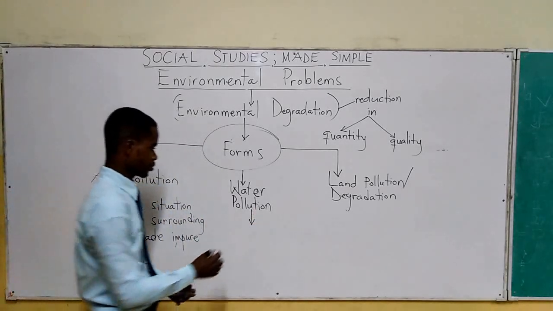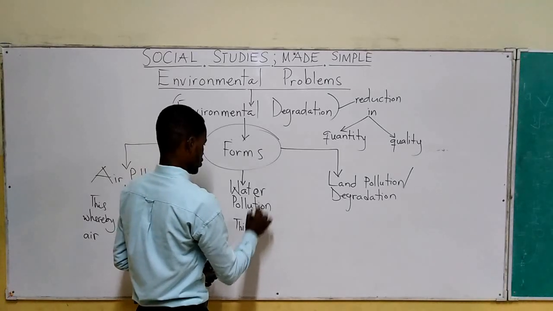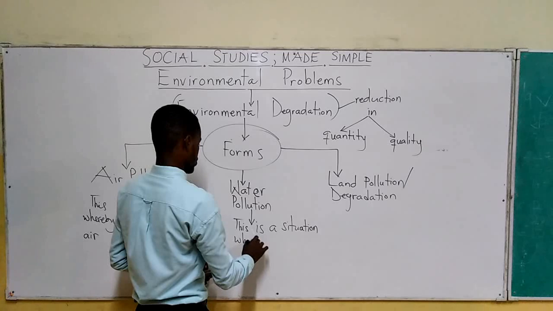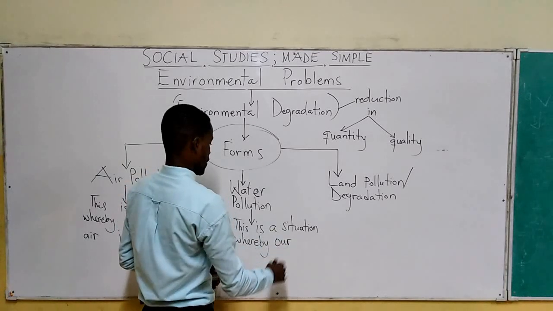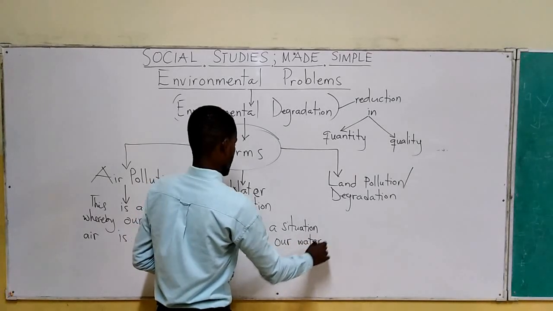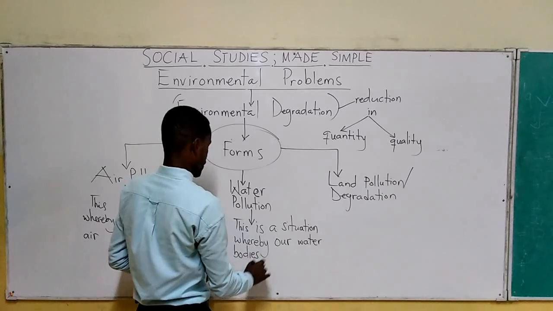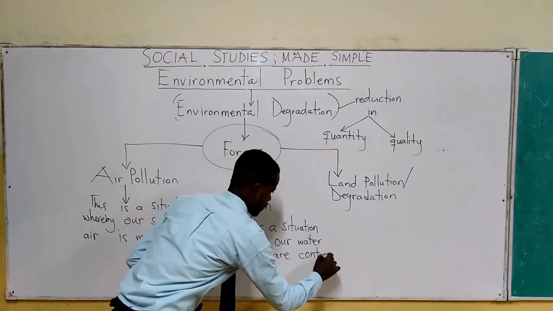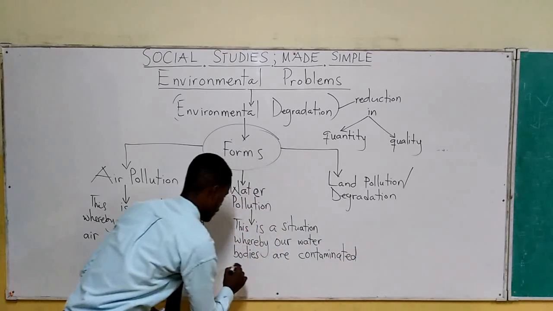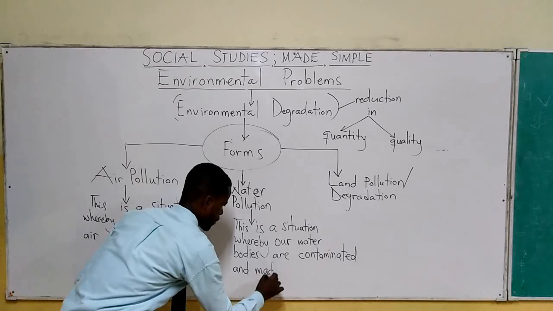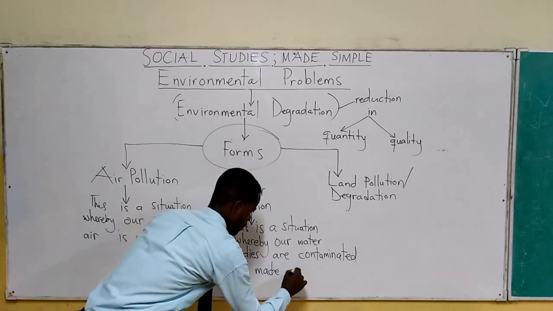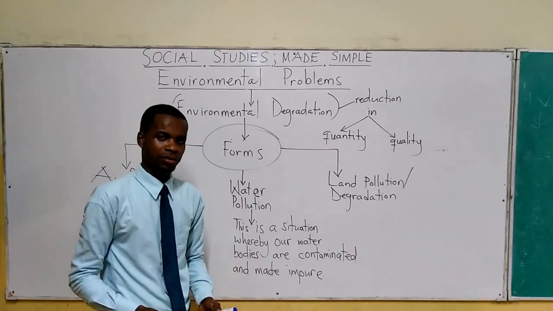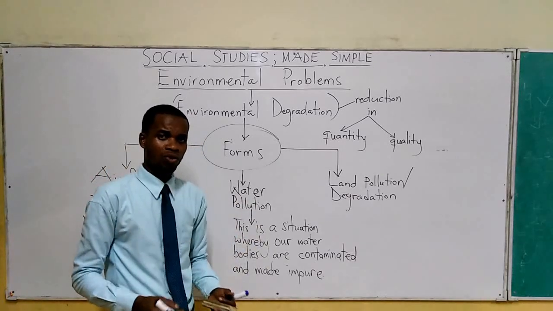Water pollution: when our water bodies are made impure and contaminated, then we can describe that situation as water pollution.